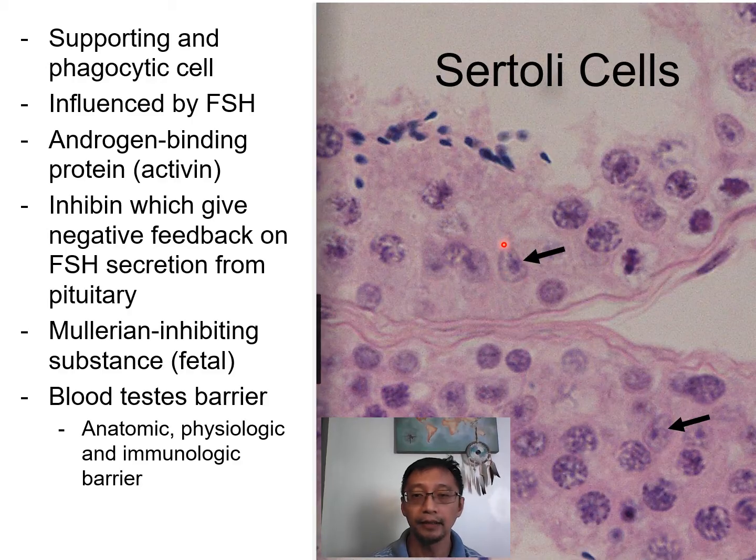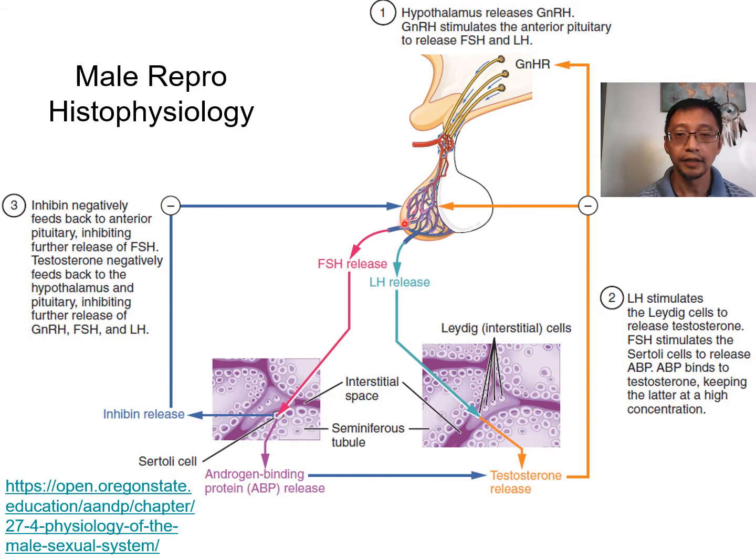negative feedback to your anterior pituitary. The anterior pituitary produces follicle-stimulating hormone and luteinizing hormone. The follicle-stimulating hormone will stimulate the Sertoli cell to produce your androgen-binding protein or your activin. This will activate the Leydig cells to release the testosterone.